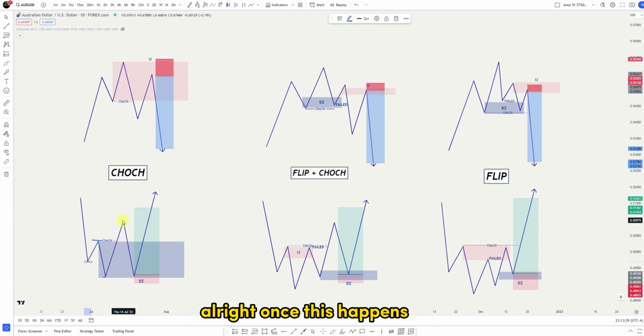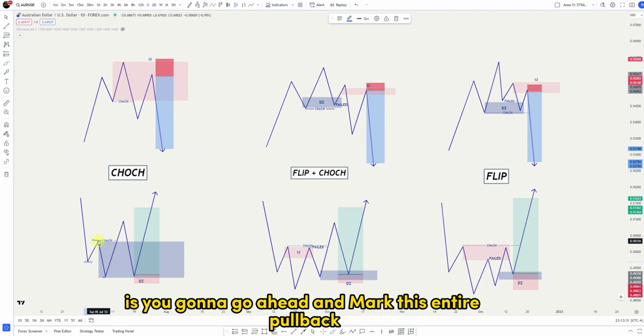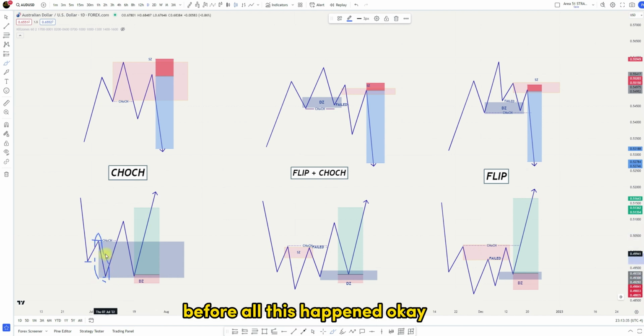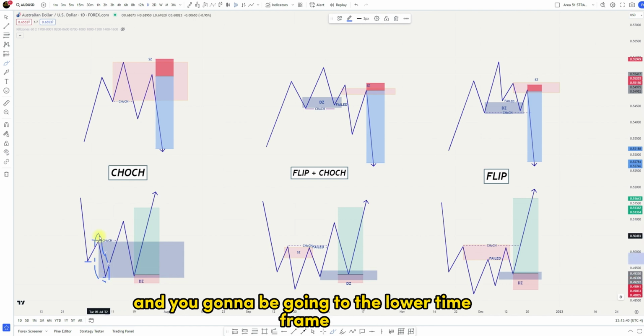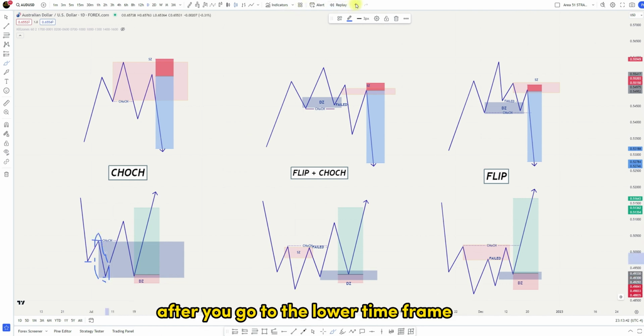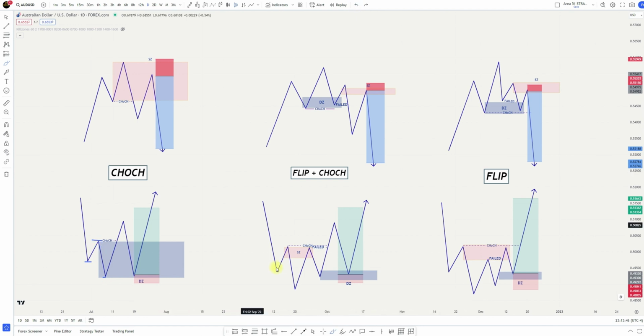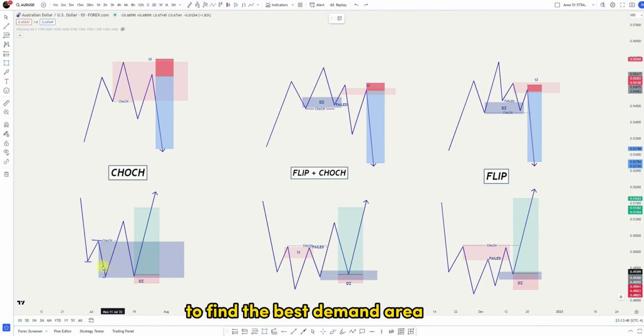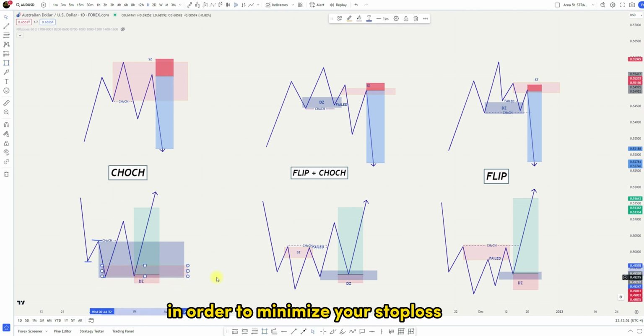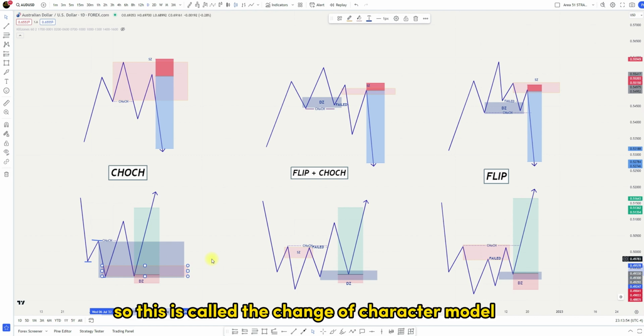Once this happens, you're going to mark this entire pullback before all this happened, and then go to the lower time frame. After you go to the lower time frame, you're going to refine to find the best demand area in order to minimize your stop loss. So this is called the change of character model.